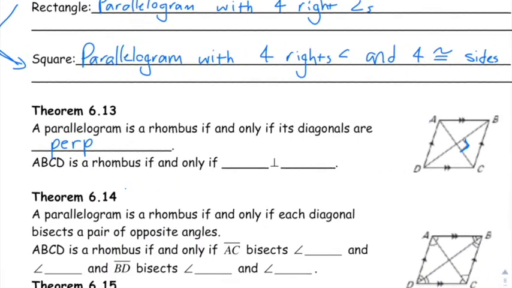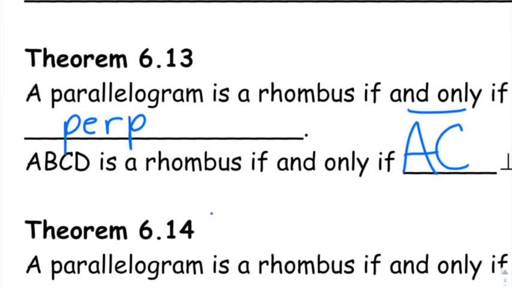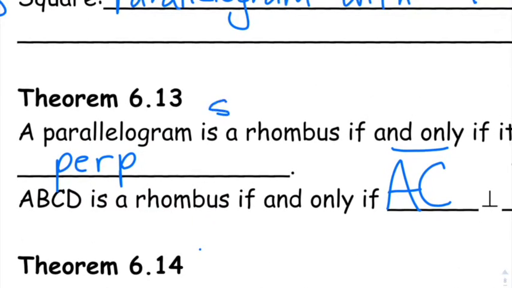So ABCD is a rhombus only if the line segment AC is perpendicular to DB. Alright, and then since a square is also considered a rhombus, that'll also be the same for squares.